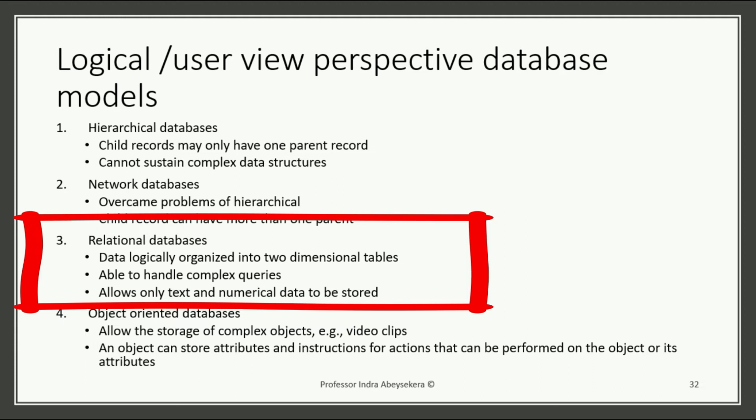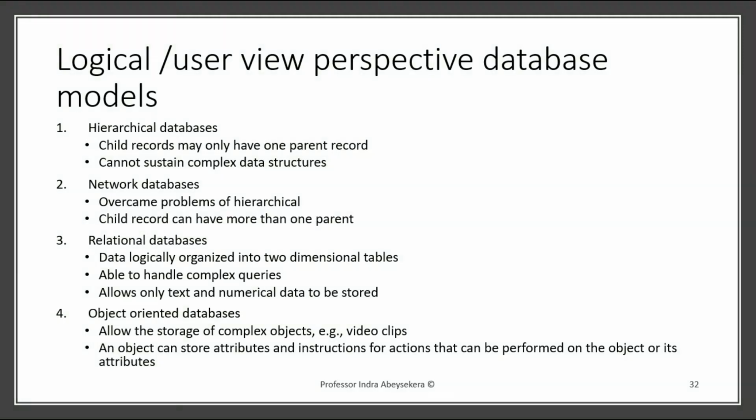There can be a sales order table. It could have different customers as records, and each customer is in a given row, and then the columns would be about the date of the sales order, the value of the sales order, whether the sales order was processed or not, and so forth.